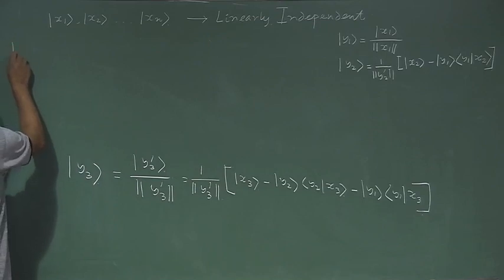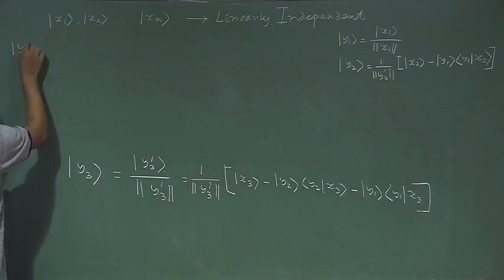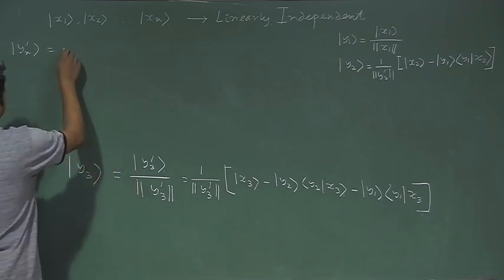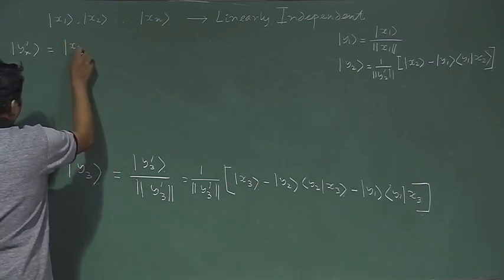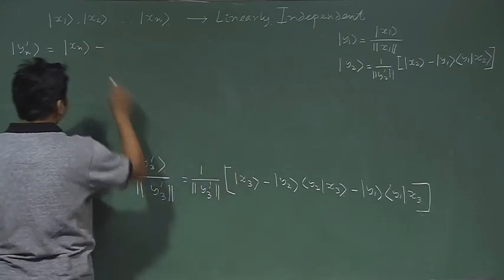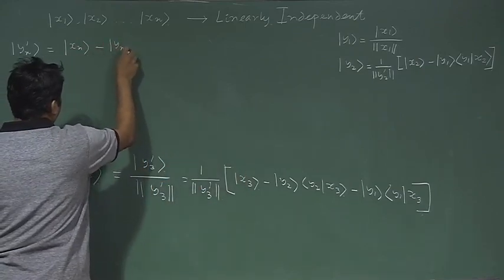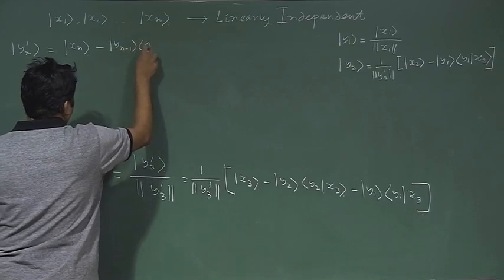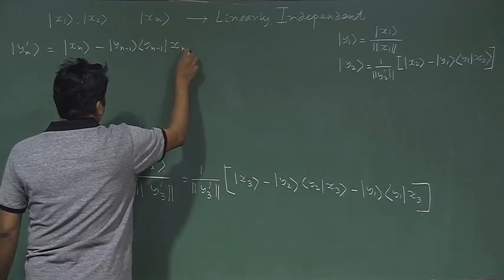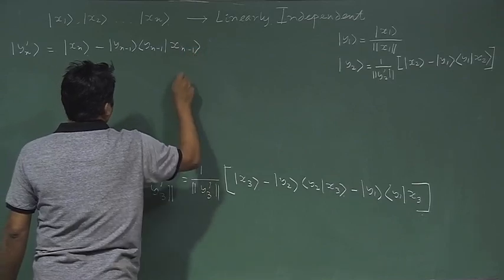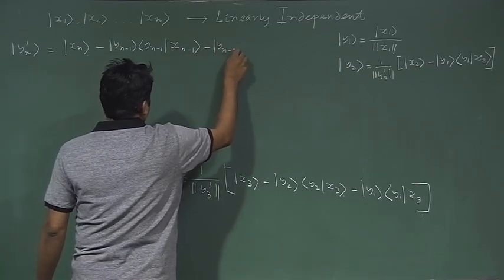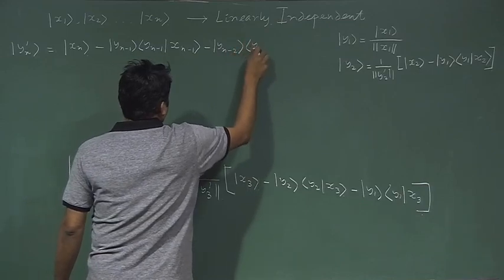So, yn prime will be something like xn minus y n minus 1 x n minus 1 minus y n minus 2 x n minus 2.